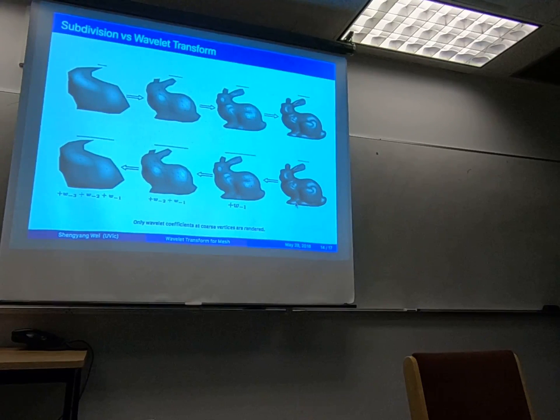Obviously, the Wavelet transform can be seen as the inverse process of subdivision. Subdivision keeps adding vertices to a coarse mesh to get a finer, smooth mesh. The Wavelet transform removes vertices from a finer mesh and gets a coarse approximation plus some details.